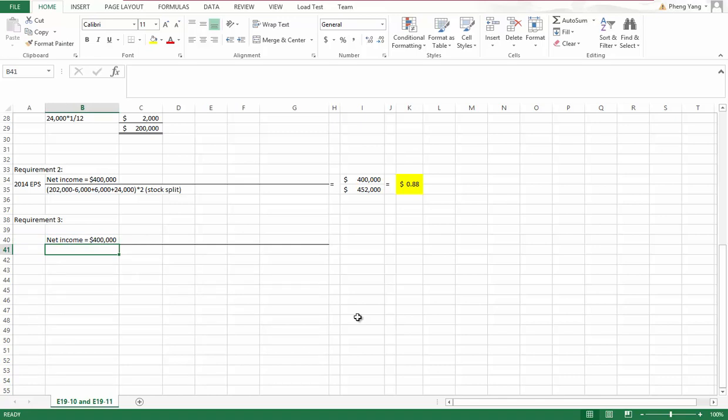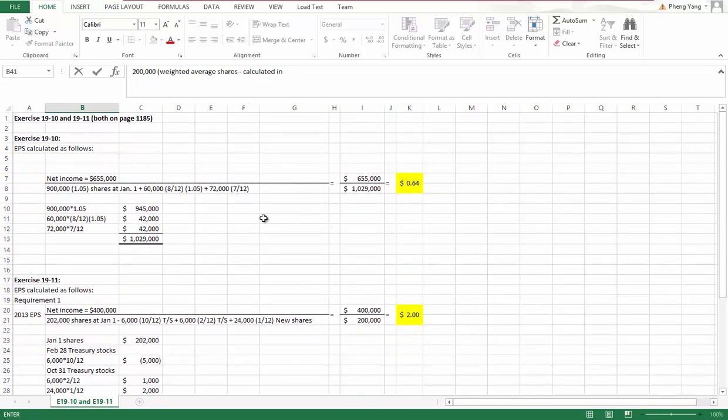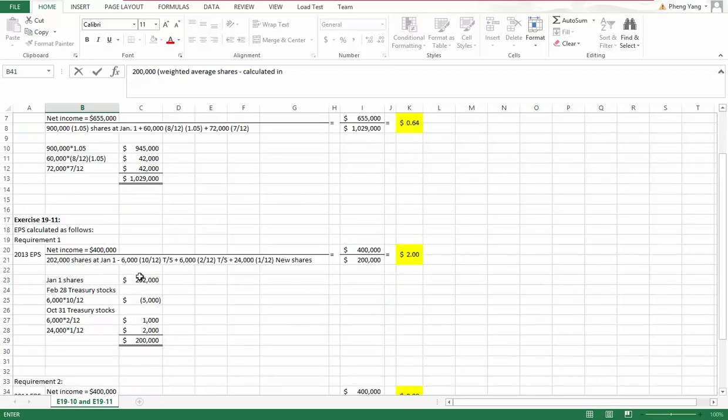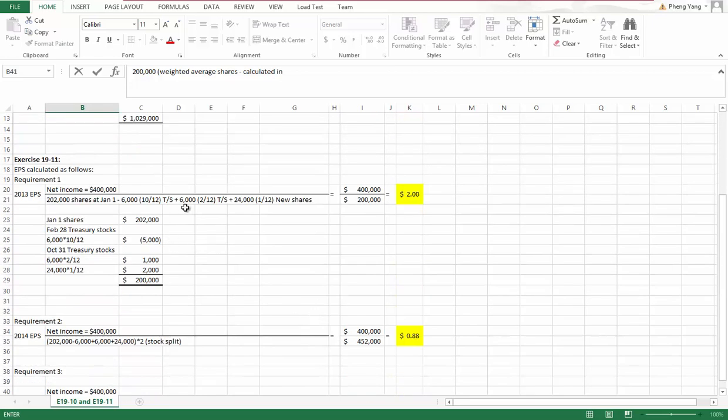And the amount that we will report under the 2013 EPS in the 2014 comparative financial statements would be as follows. So we would have the 200,000 of the weighted average shares, which we calculated in requirement 1 right here.